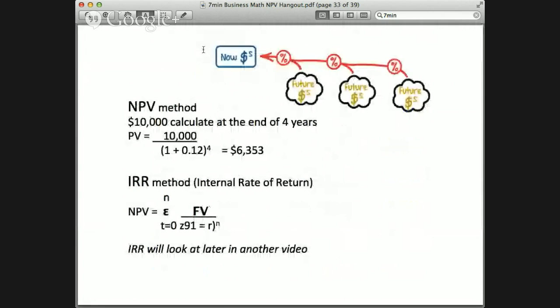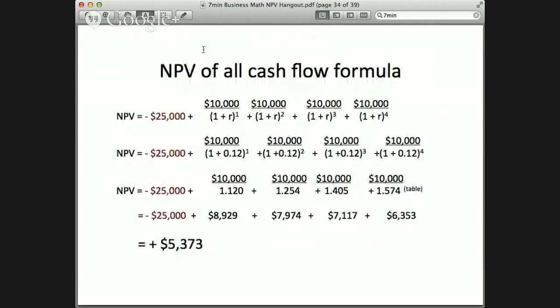So what that means is we're using, in this case, as I said before, the net present value method. The internal rate of return we'll look at in a different video. Let's look at it in longhand. We've put in 25,000 as a negative in the first line, because we're outlaying $25,000.